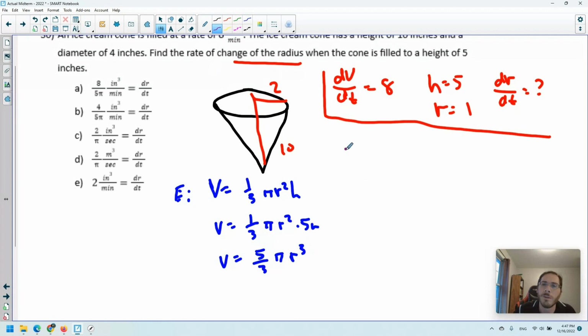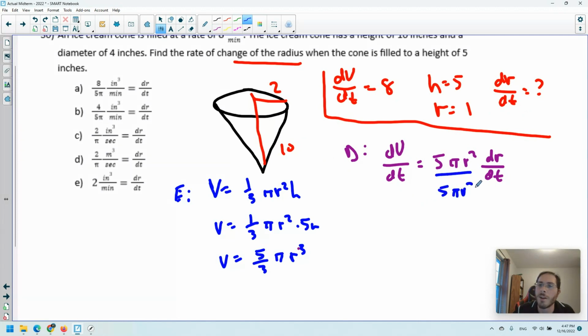When we do our derivative, the 3 is just going to cancel out the 3 that's over there. So dV/dt is equal to 5 pi r squared dr/dt by the power rule. We want to get dr/dt by itself, so we'll divide both sides by 5 pi r squared.